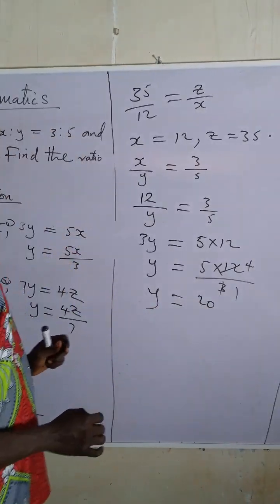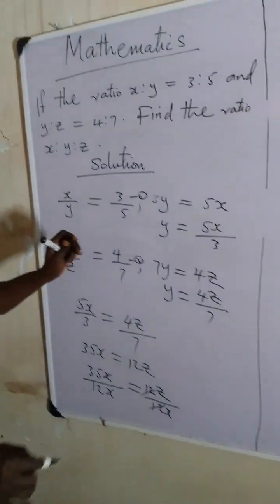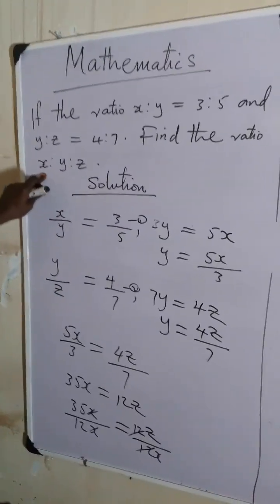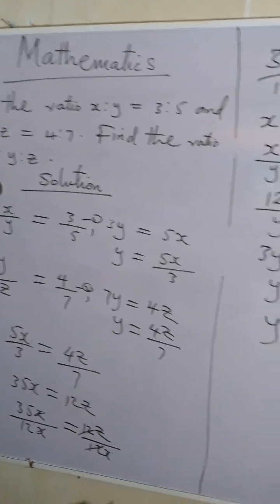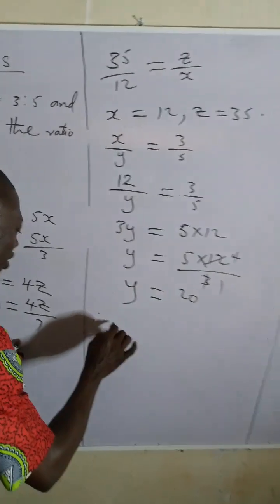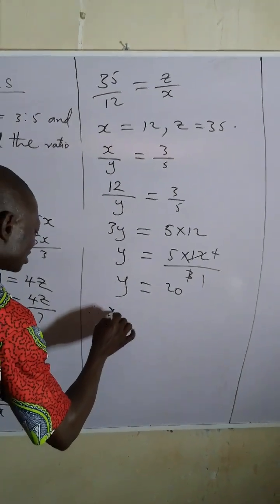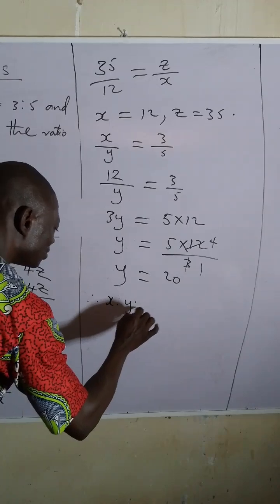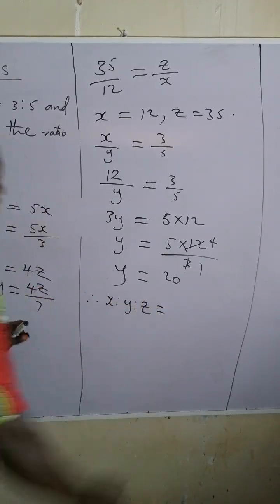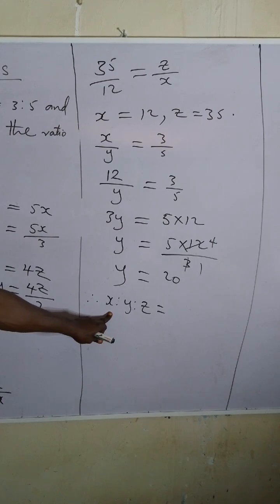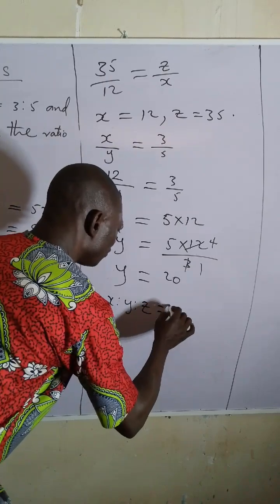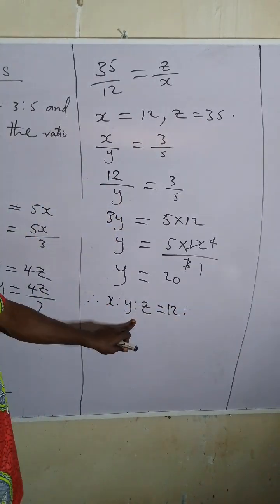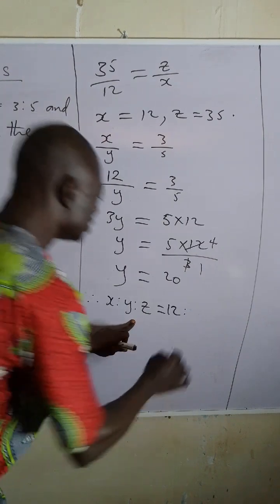The question wants us to find the ratio x is to y is to z. So, from our calculation, what do we get as x? We got x as 12. What of y? We got y to be 20.